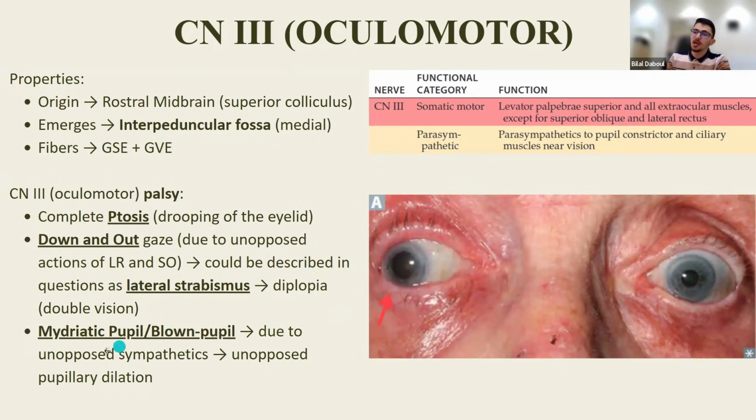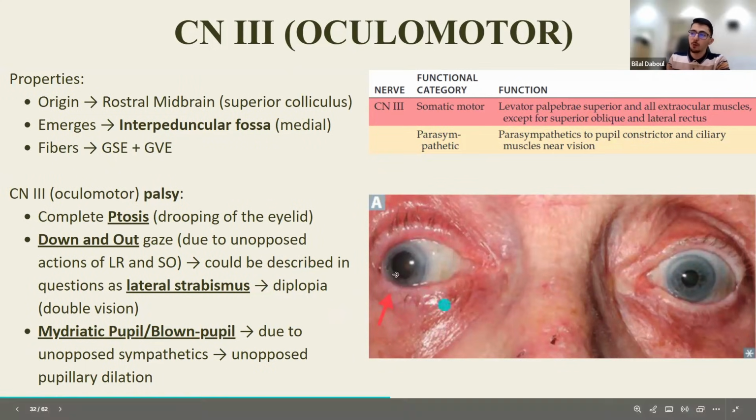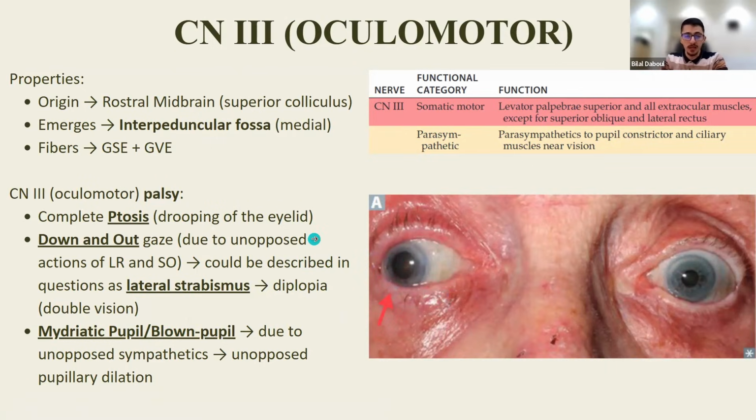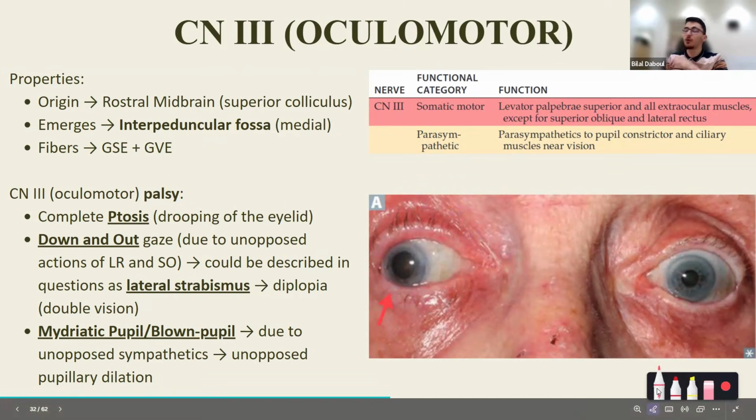Now, you would also have mydriasis or a blown pupil, so unopposed pupillary dilation. I talked about this previously. When you have damage to the parasympathetic fibers or the GVE fibers that supply the sphincter pupillae muscle, you would have unopposed action of the dilator pupillae muscle, which will cause mydriasis or unopposed pupillary dilation. So we have two muscles that are responsible for pupillary narrowing or dilation.